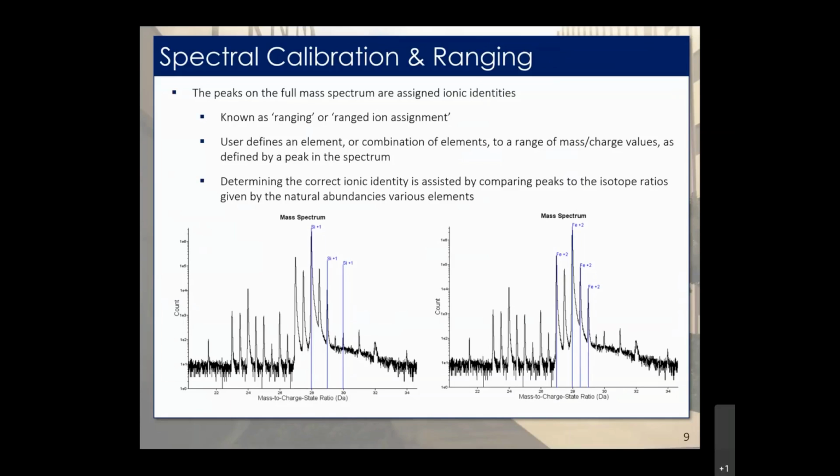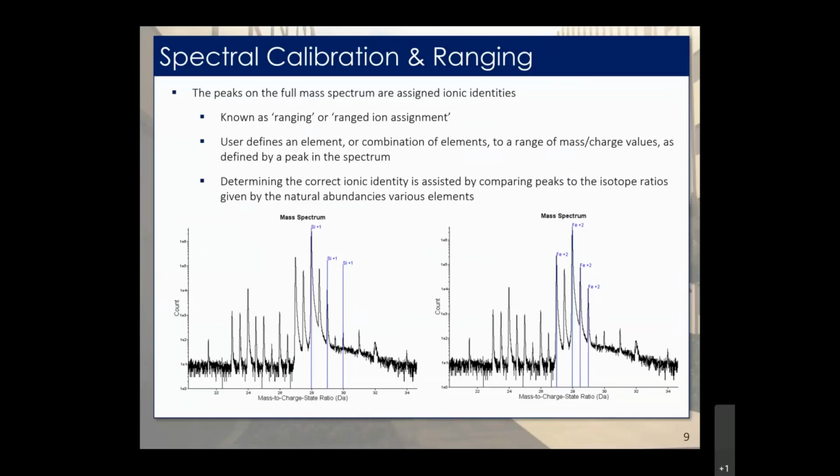For all terrestrial elements, at least those not having undergone radioactive decay, we can expect that the isotope ratios should meet well-known natural abundances. So this allows us to look at our mass spectrum and compare the peaks we get to what we would expect for the different isotopes of a given element at a given charge state.